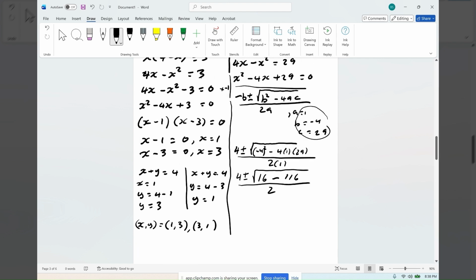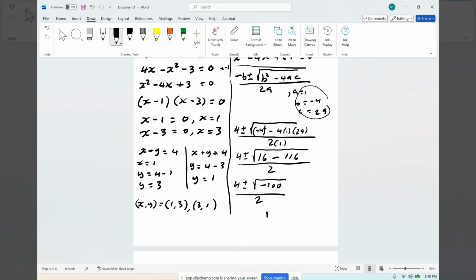Now that equals 4 plus or minus the square root of -100, over 2. We know that the square root of -100 is the same as the square root of 100 times the square root of -1, where that becomes i, and that becomes 10.